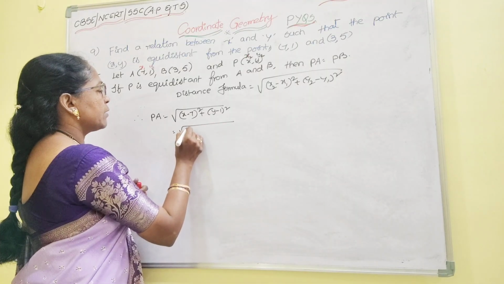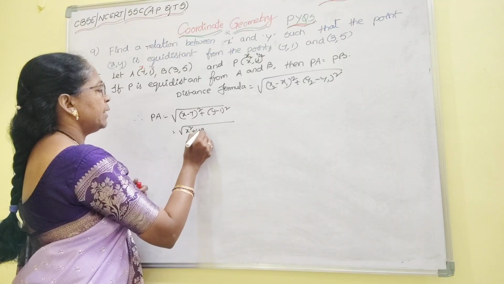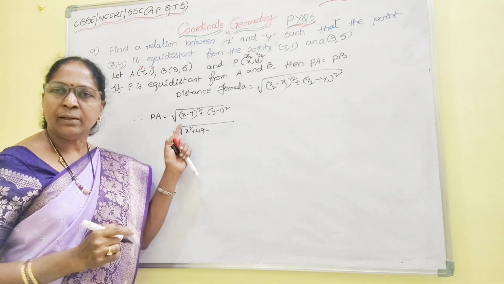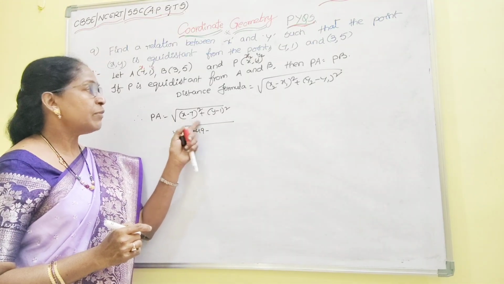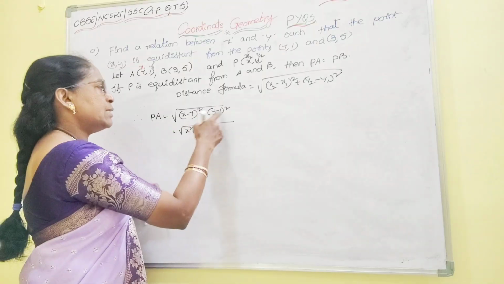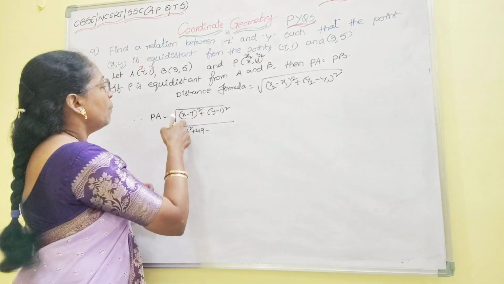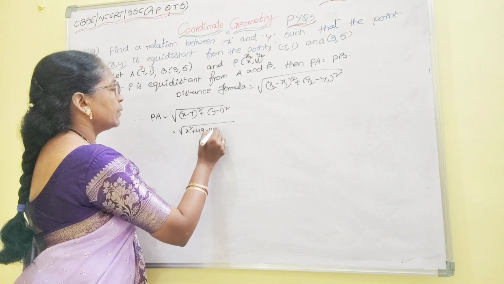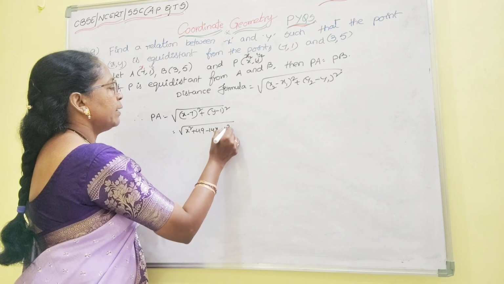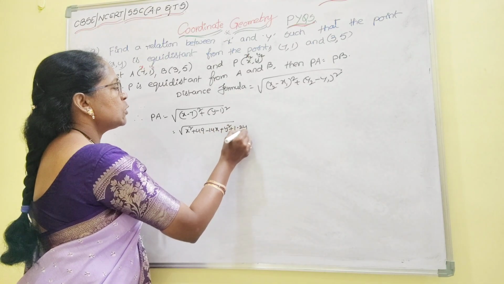(x minus 7) whole square plus (y minus 1) whole square equals, first substitute like this and simplify. Here x square plus 49 minus, you know that, this is in the form of (a minus b) whole square, and this is also (a minus b) whole square: a square plus b square minus 2ab. Minus 2 into 7 is 14x, plus y square plus 1 minus 2y.